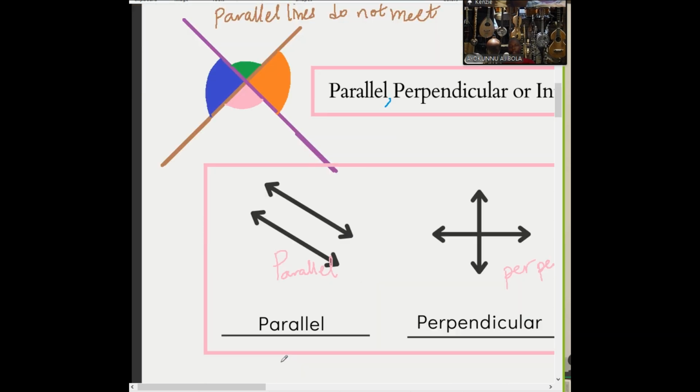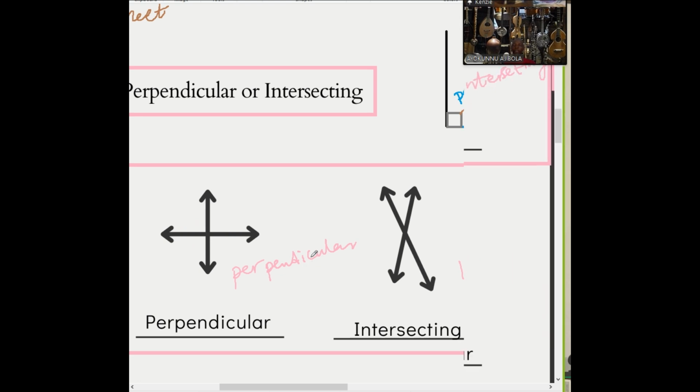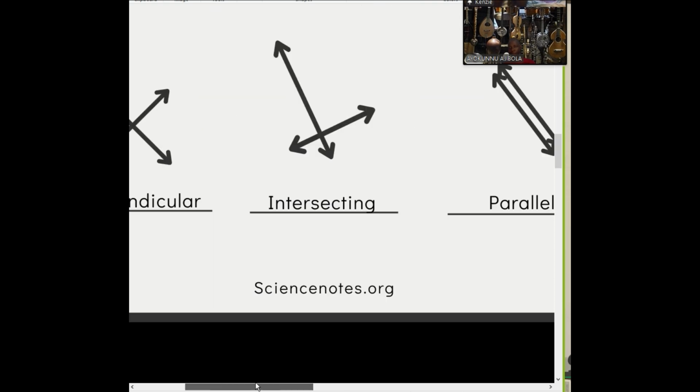But if they meet at just a random angle, they are just intersecting. But if they meet at a definite angle of 90, each of these angles 90 here, another 90, another 90, that is perpendicular.